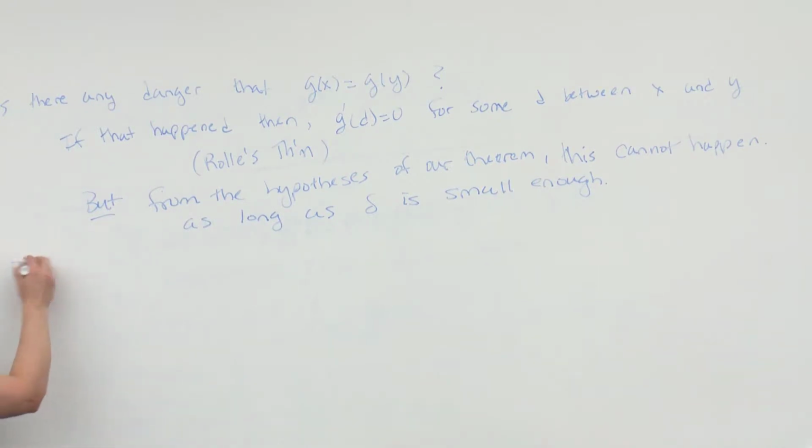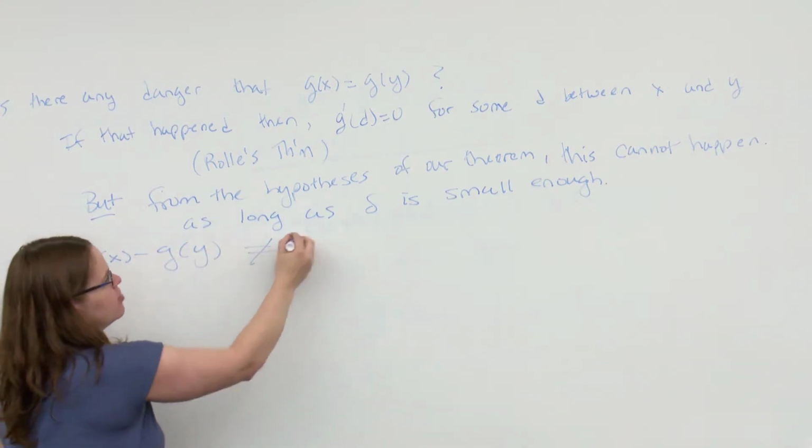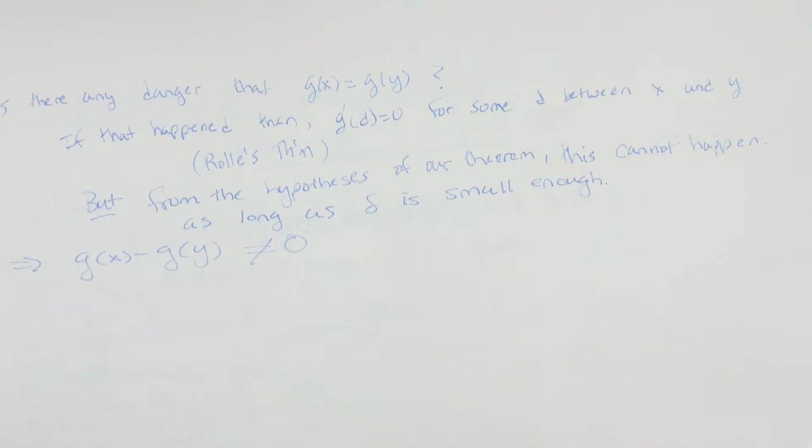Okay, in other words, g of x minus g of y is definitely not 0, and we're safe here. So I can go back to this and say, whew, this was actually valid. When I divided out g of x minus g of y, I didn't create any new issues for myself because I was just dividing out a number, and the number was not 0. And everything else was safe here. Again, f prime over g prime we knew we could handle because we knew this thing had a limit. So that was safe.